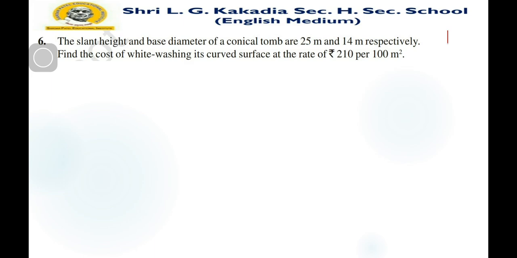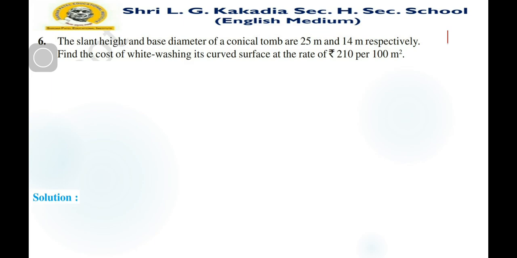Find the cost of whitewashing its curved surface at the rate of rupees 210 per 100 meter square. So here the slant height and diameter of a conical tomb are given as 25 meter and 14 meter respectively, and we want to find the cost of whitewashing at the rate of rupees 210 per 100 meter square.